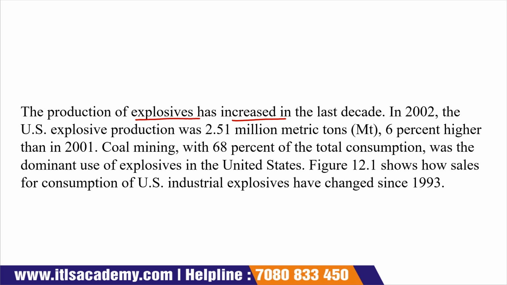Now the next point is that the production of explosives has increased in the last decade. If we take the data of 2002, around 2.5 million metric tons of explosive were produced in the US, which is 6% higher than 2001.